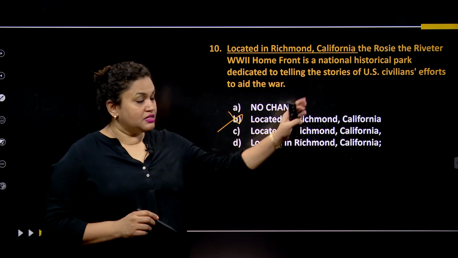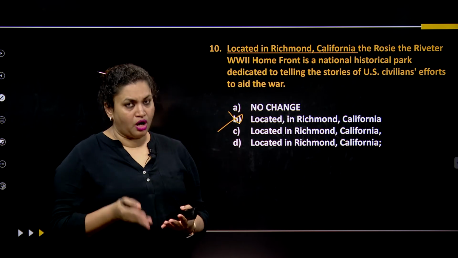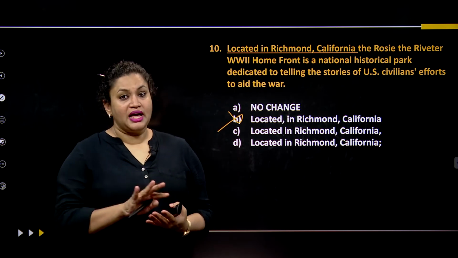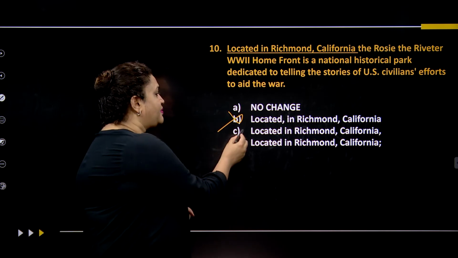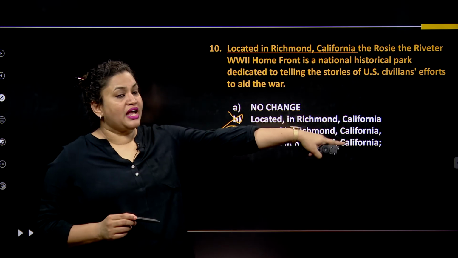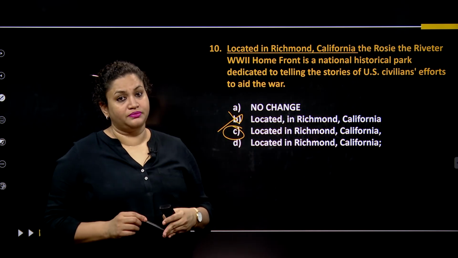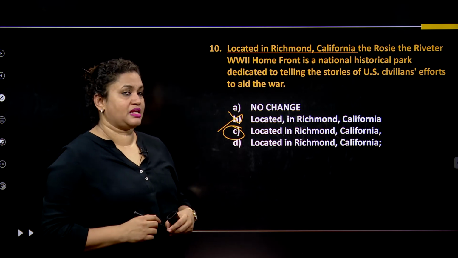Located in Richmond, California. Sitting in Hyderabad, comma, India, comma, and then you start something. That is absolutely right. Therefore, we can keep this as an option. Located in Richmond, California. You don't have to use a semicolon there. Do we need to use a semicolon?